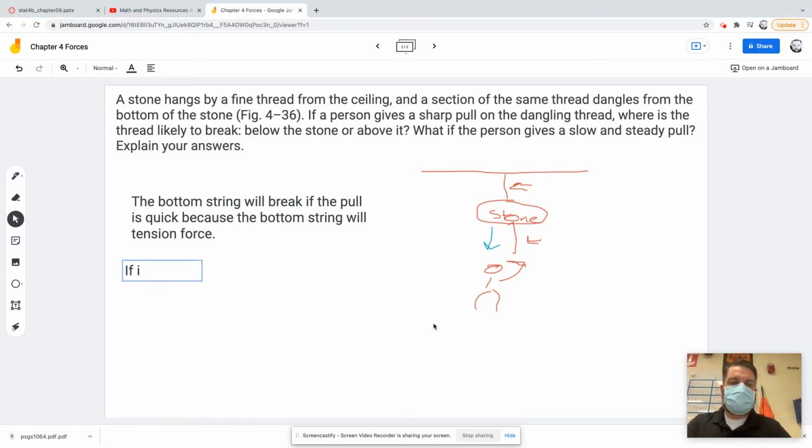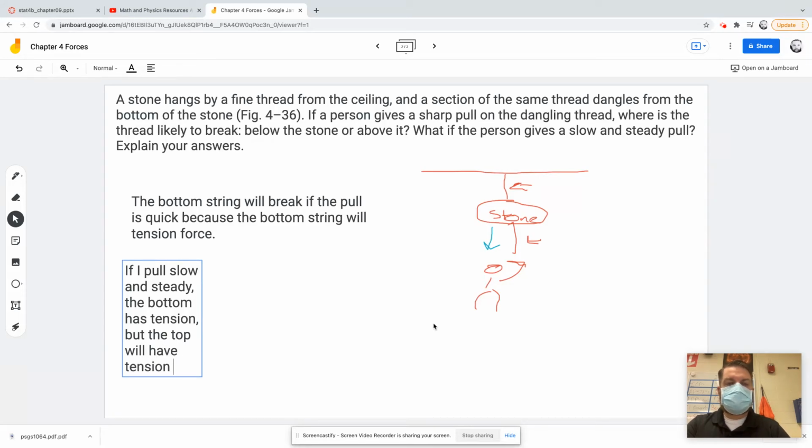Well, if I pull slowly, slow and steady, the bottom has tension, but the top will have tension too.